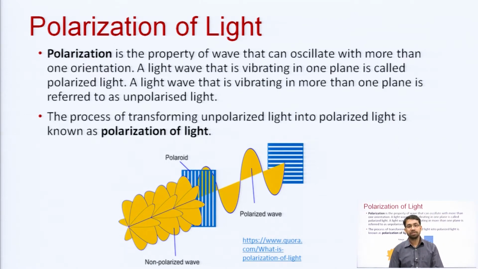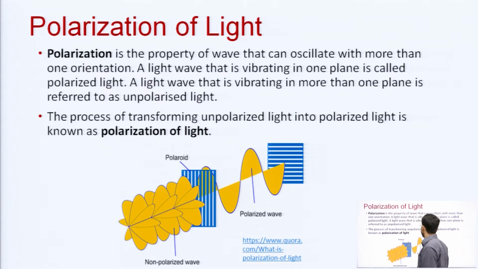So, a normal light ray, in a normal light ray, the particles of the medium vibrate perpendicular to the motion of light and in all the directions. So, the magnetic field vector or electric field vector vibrates in all the directions.